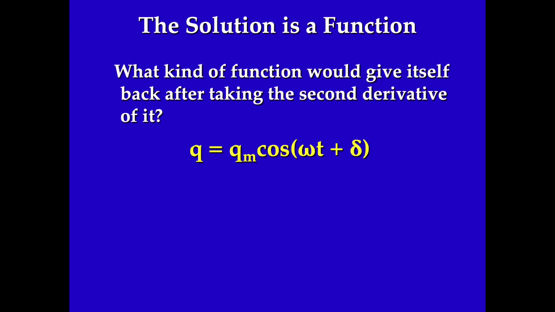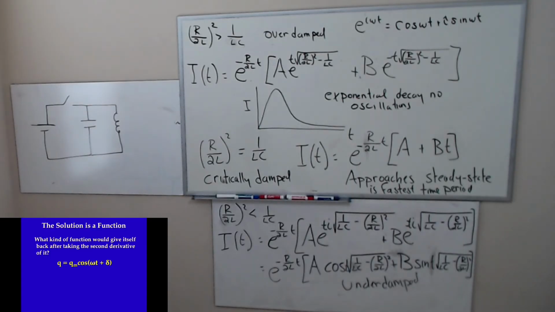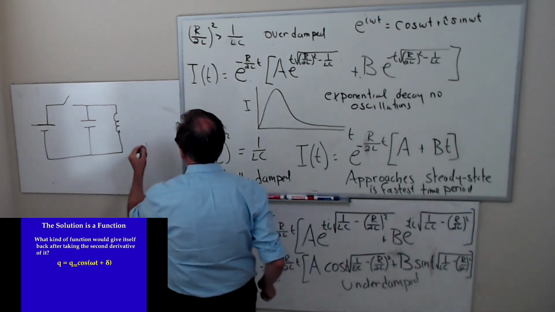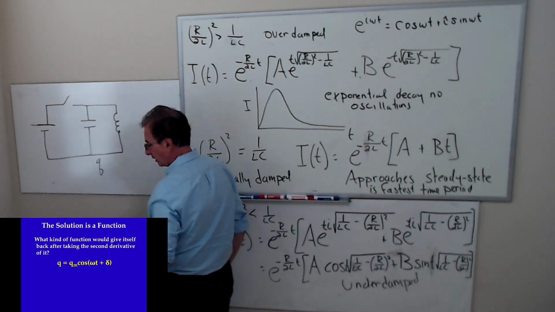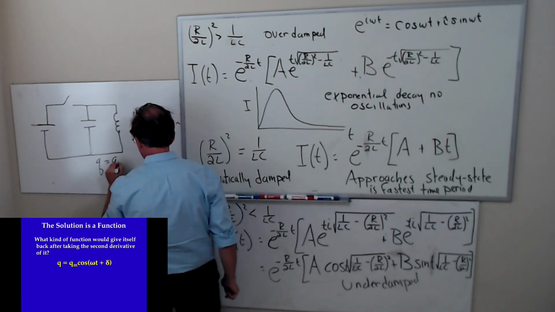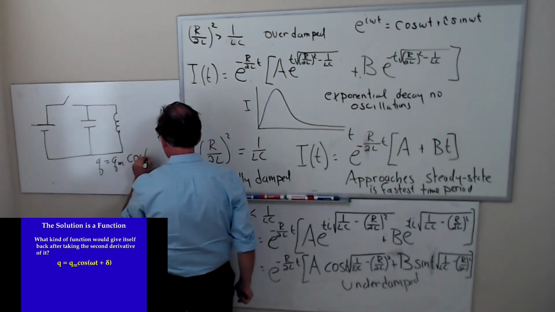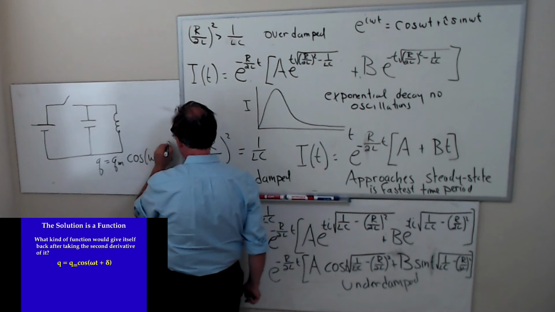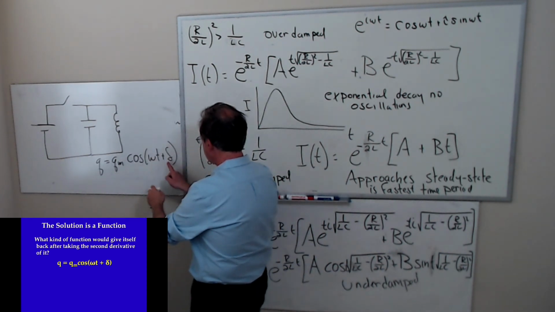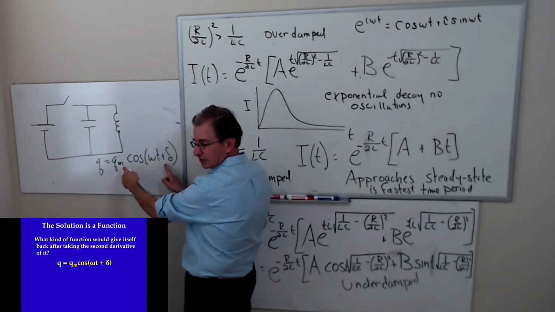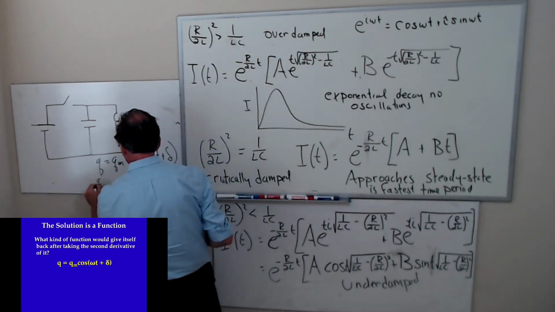And so we can write the function this way. By the way, there's two ways to write the solution, and they're completely equivalent. Let me write it on the board. I can write Q like this. Actually, there's more than two ways. This is a constant of integration, this is a constant of integration. Or I could write it like this.